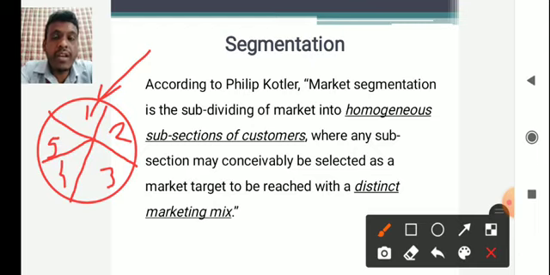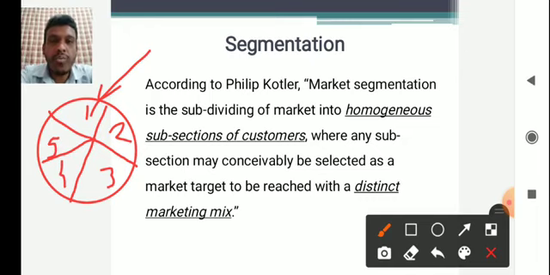And that is where this segmentation concept comes in, because your customers are different, their wants are different. Hence, you need to divide the market so that marketing becomes easier for you, such that you can communicate to your target customers.